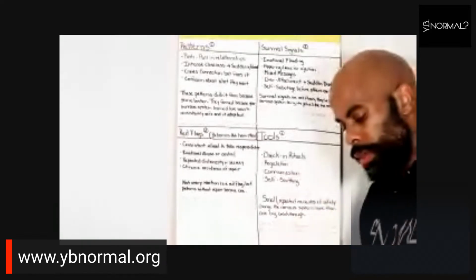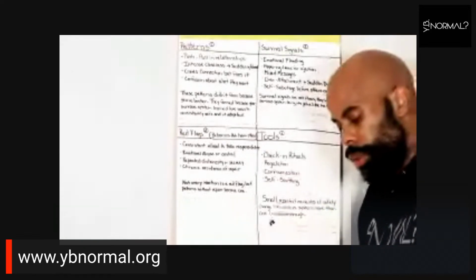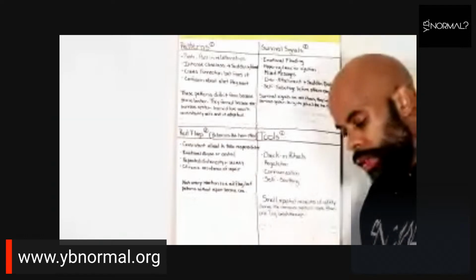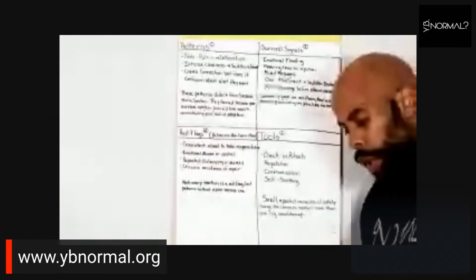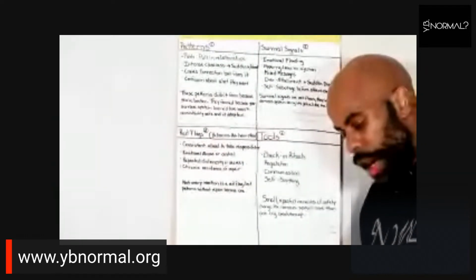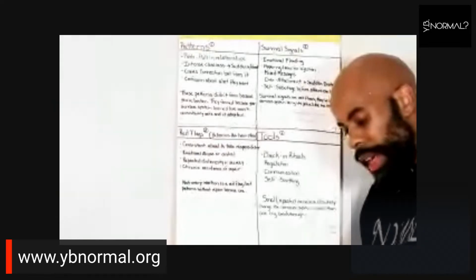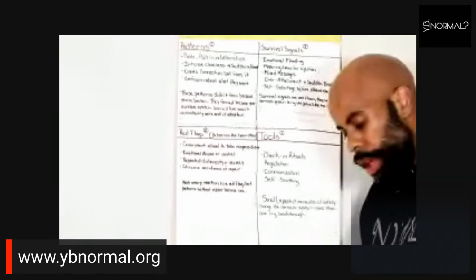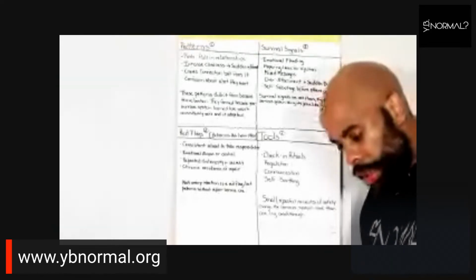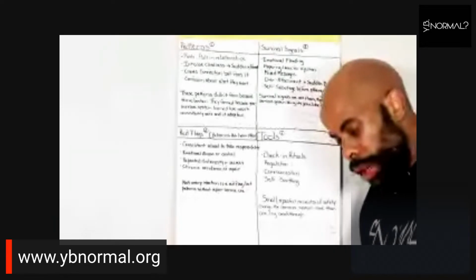I was one of them. What it looks like is pulling away when things are going well, creating conflict or emotional distance, ending relationships abruptly, or going cold. Why it happens? Control reduces the pain of potential rejection. Self-sabotage is an attempt to control pain, not avoid love.